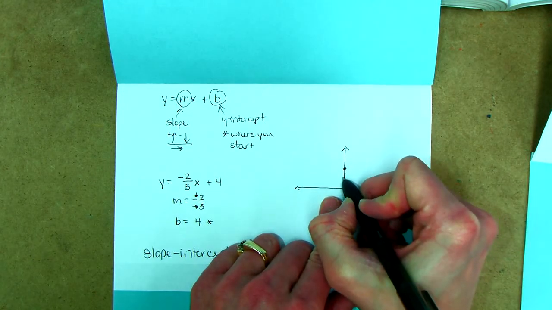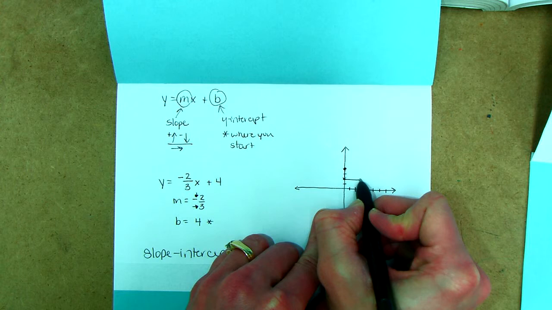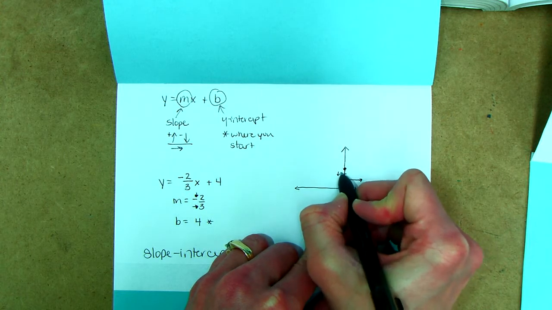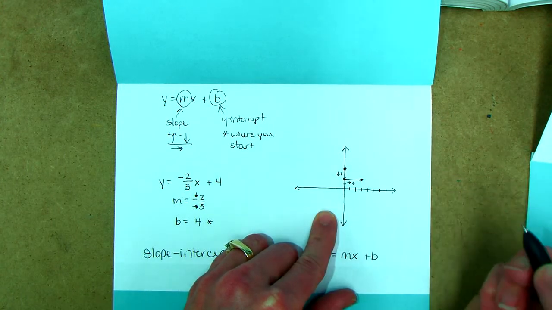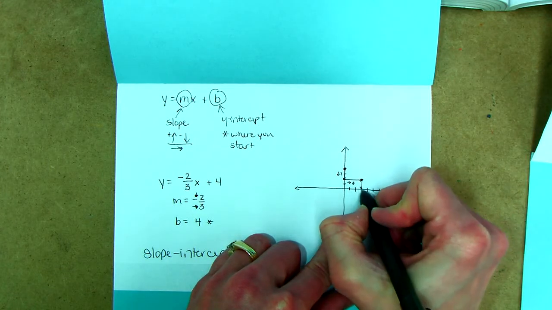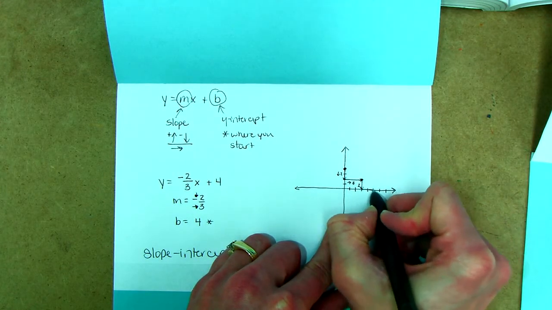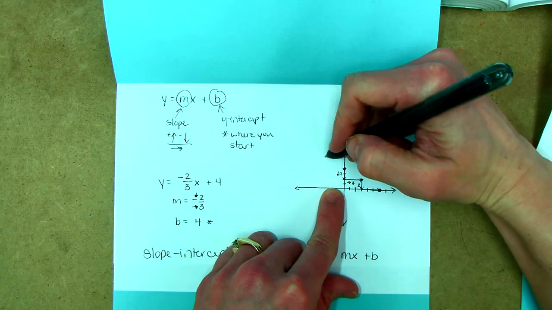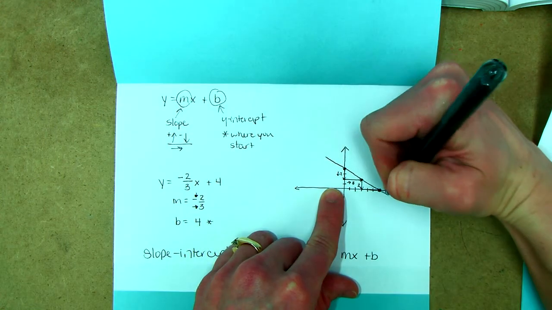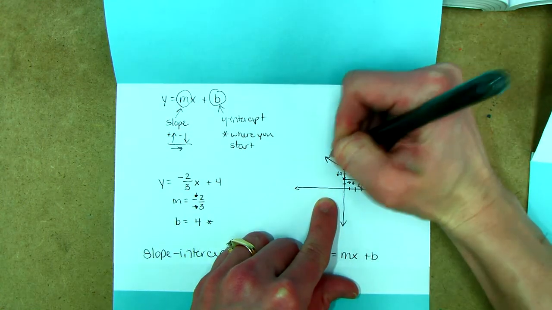And I'm going to make a point. I'm going to do that again. Down 2 to the right 3. And then once you get 3 points, you can make your line. Okay, do we remember that? Hopefully you remember that. All right, that is slope-intercept form.